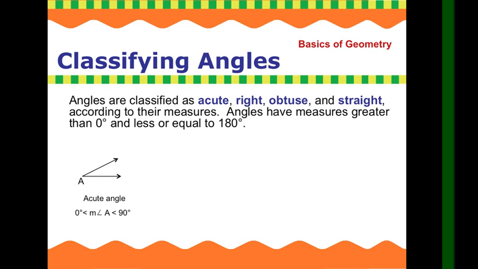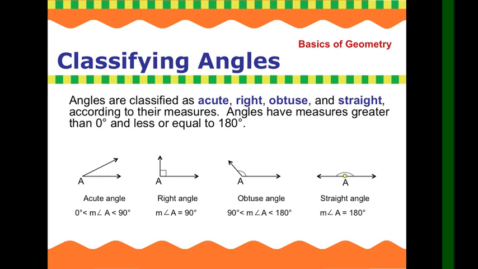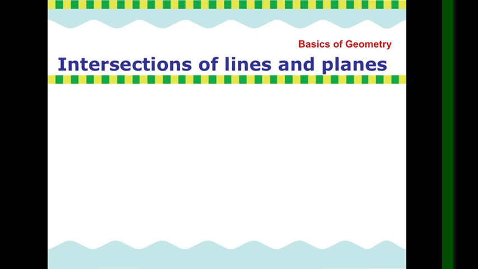So, kapag less than 90 degrees, greater than 0 and less than 90, ang tawag doon ay acute angle. Kapag exactly 90 degrees, right angle. Kapag greater than 90 but less than 180, obtuse angle naman. At kapag exactly 180, straight angle ang tawag doon.